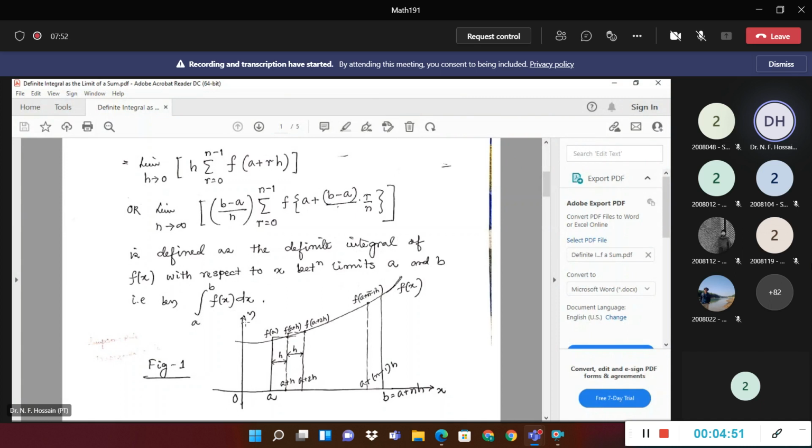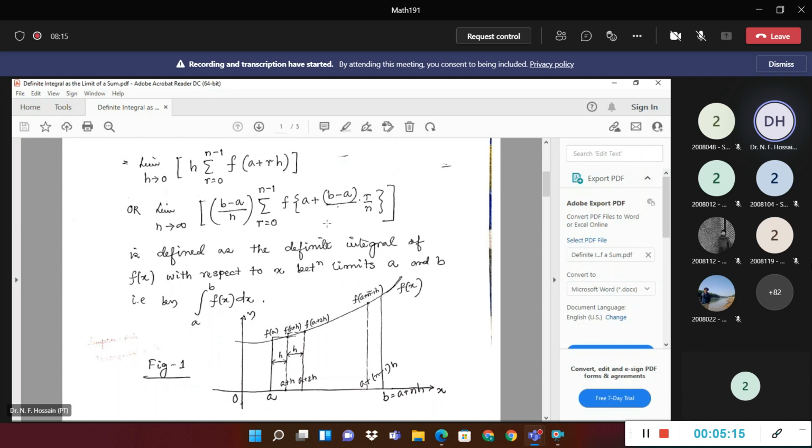Any question? The rule for evaluation is the same: after integrating f(x), it will be phi(b) minus phi(a).